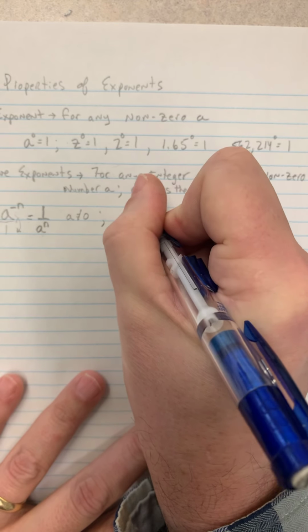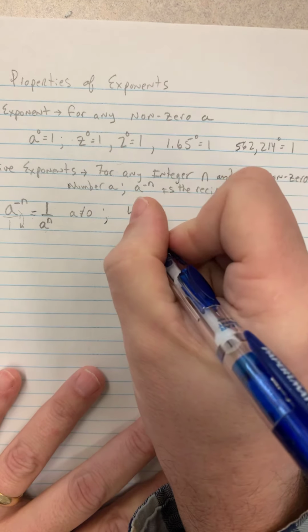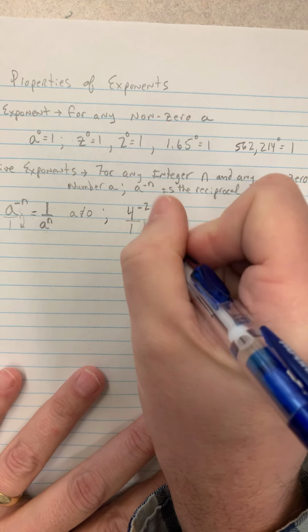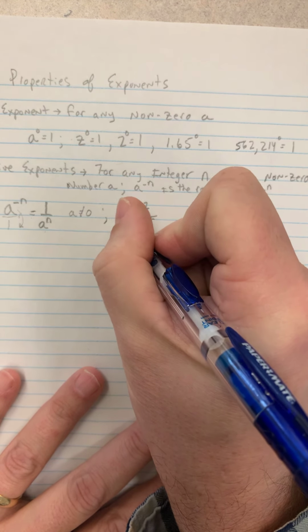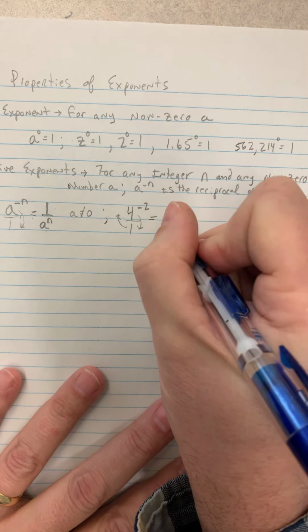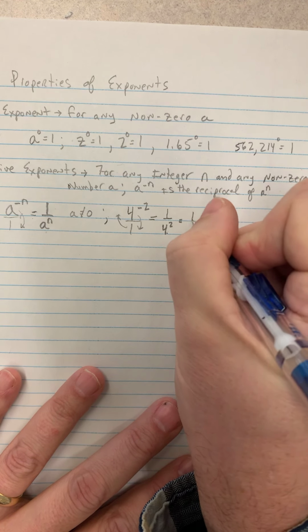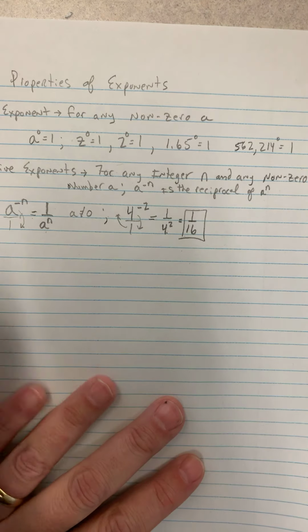So if I have something like this, 4 to the negative 2, I take the reciprocal of it to get rid of the negative. I flip it. This comes down, this goes up. 1 over 4 squared, which is 1/16. And we have to use that rule to do it.